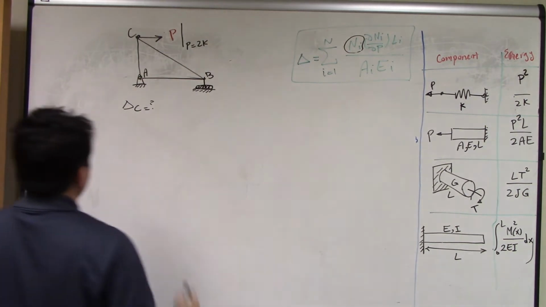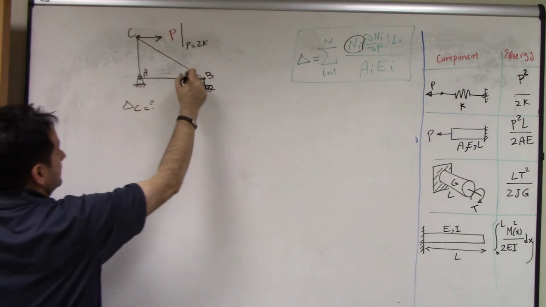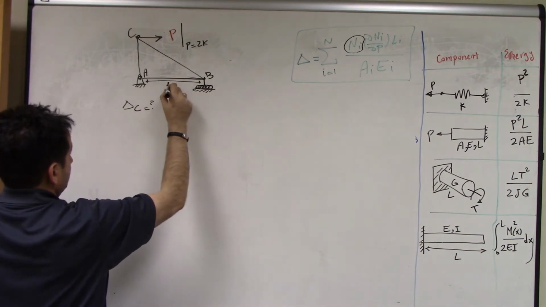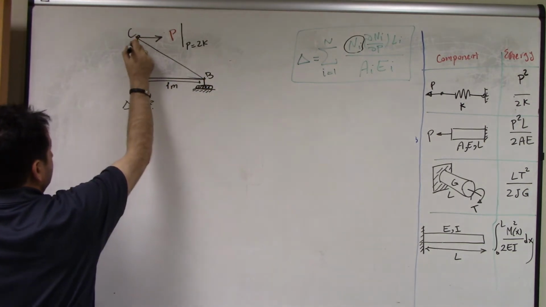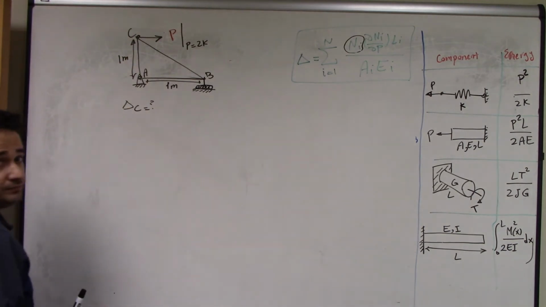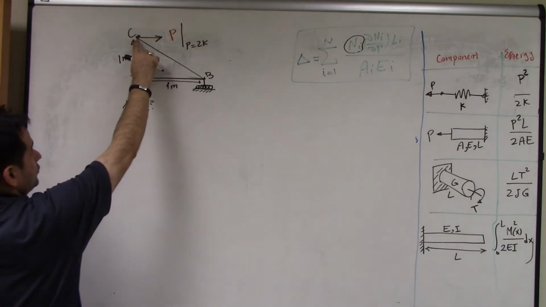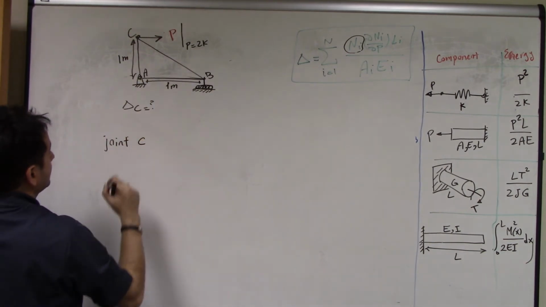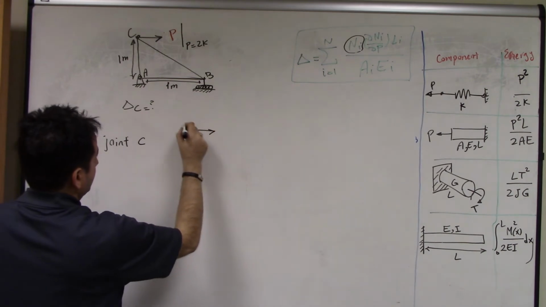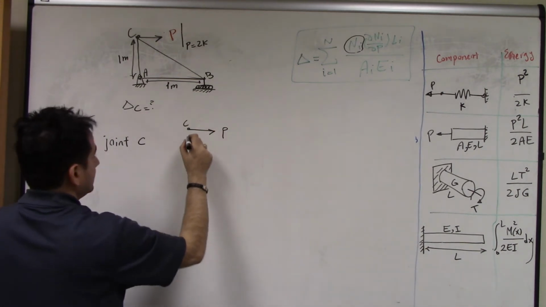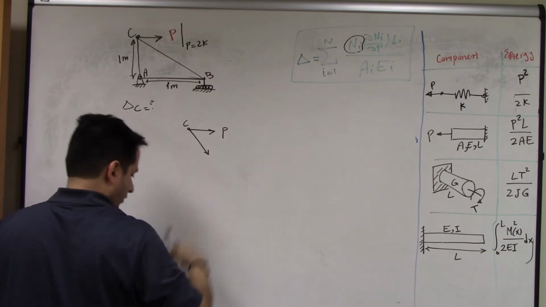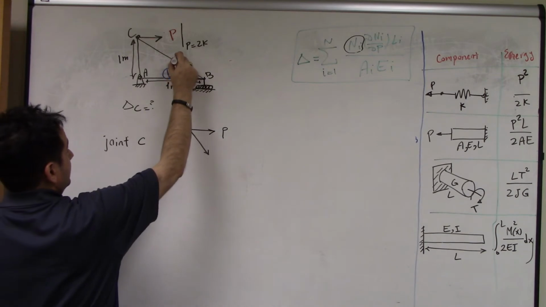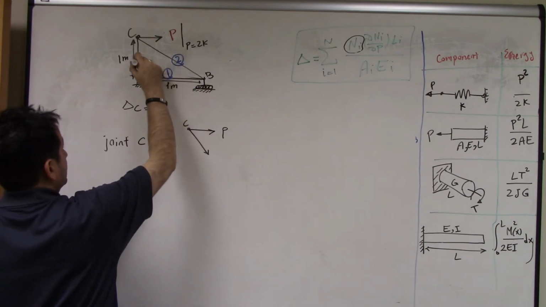If that's P, let's say the length of this is 1 meter. If you write the joint equation for joint C, then you have force P, and let's say this is bar 1, bar 2, bar 3.